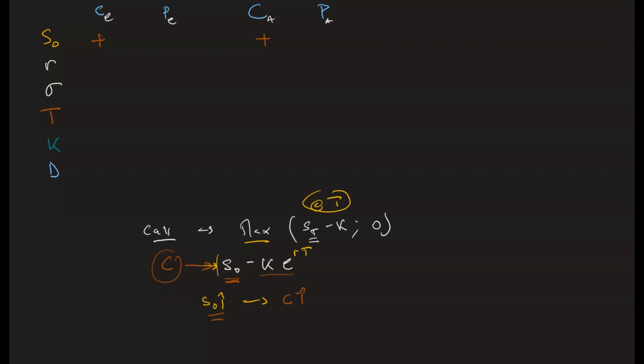Now, if we're working with a put, maybe I should have that for the put as well. What we have is a payoff that's equal to the maximum of the strike price minus the stock price at that point, or 0. And so the value of the put today would be the present value of those terms there. So we would have the present value of the strike minus the stock price S0, and that is as of today.